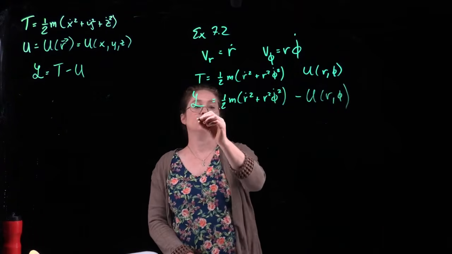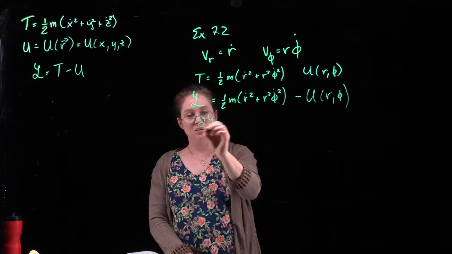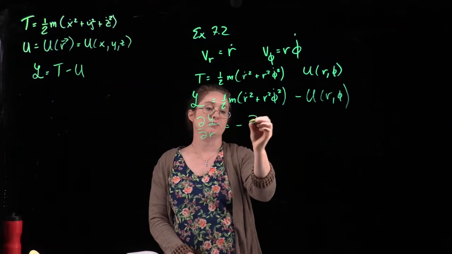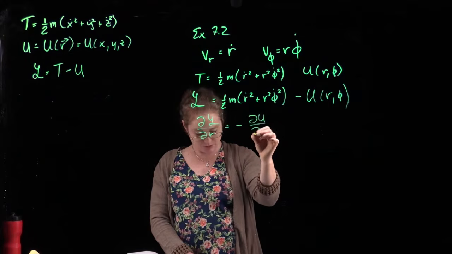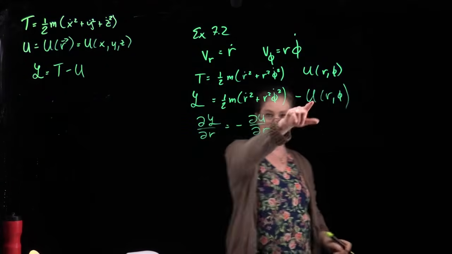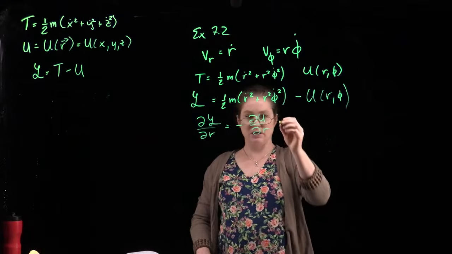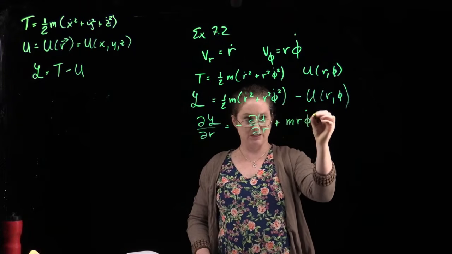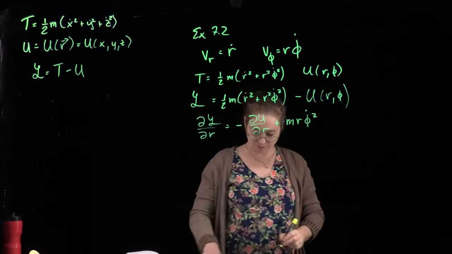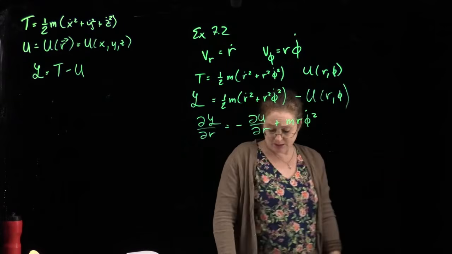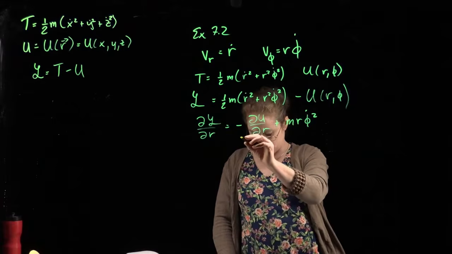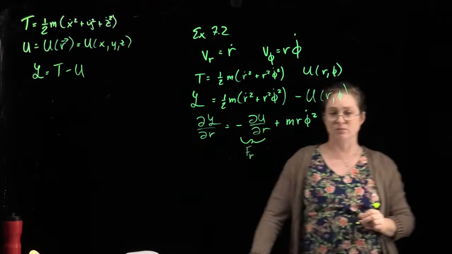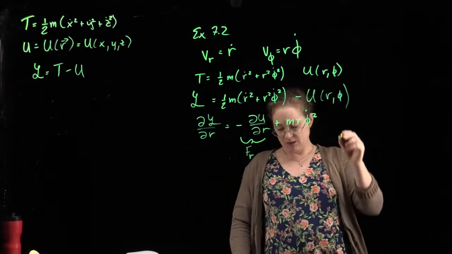Now, partial L partial r is equal to negative partial U partial r, from this term, plus m r phi dot squared. And we will call this F sub r because it is the radial component of the force.